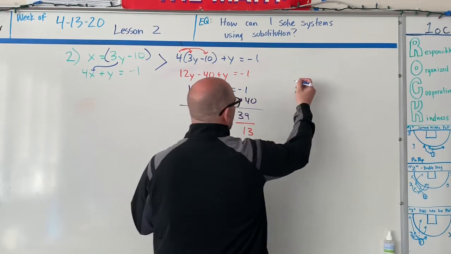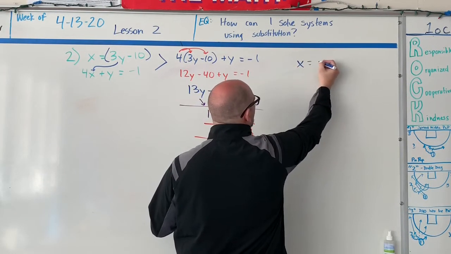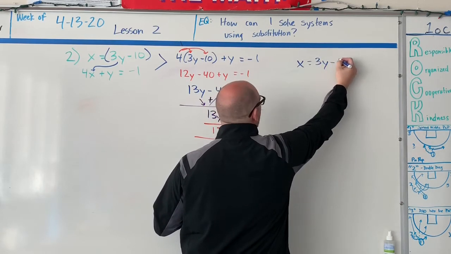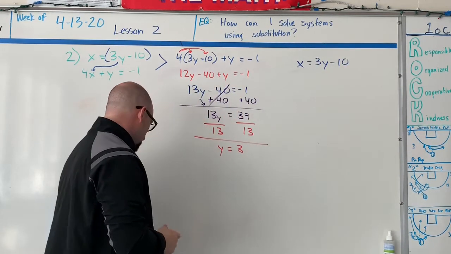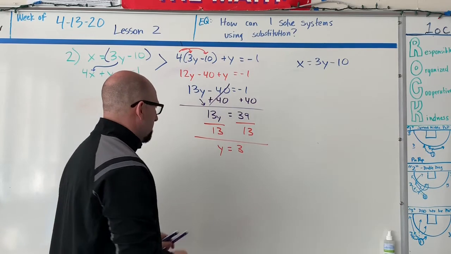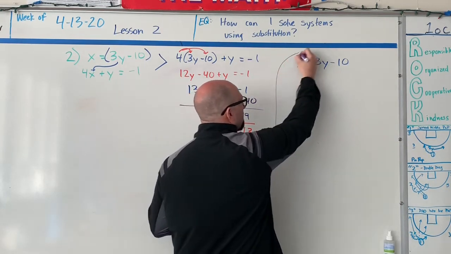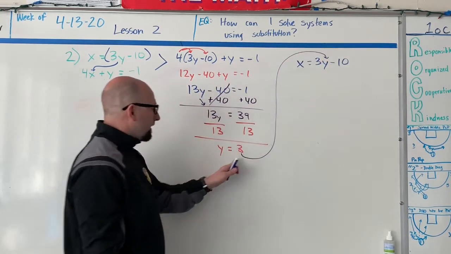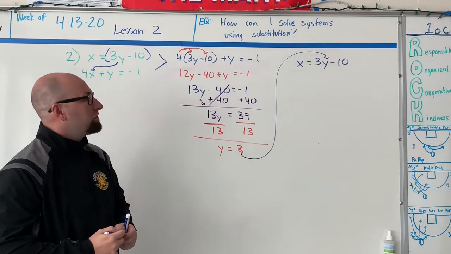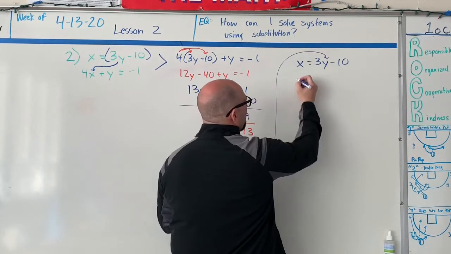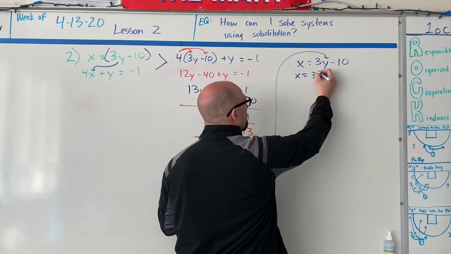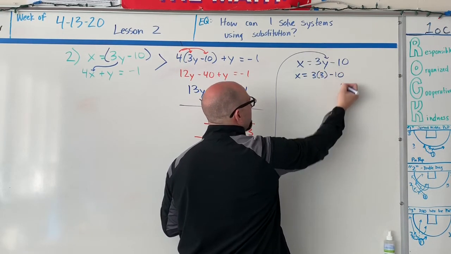So I've got x equals 3y minus 10. So I'm going to take this 3, y equals 3, I'm going to plug it in to that equation. Okay, so I've got x equals 3 times 3 minus 10.